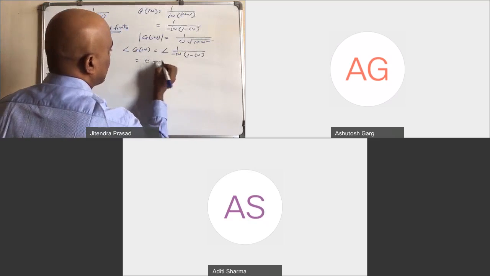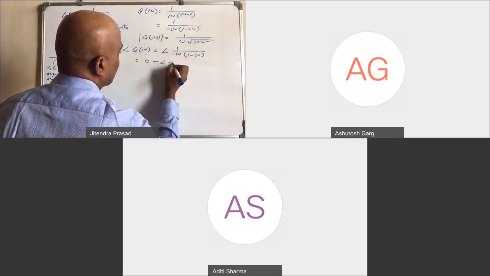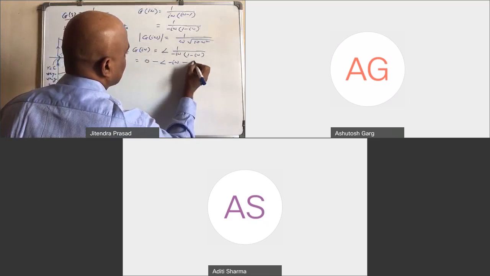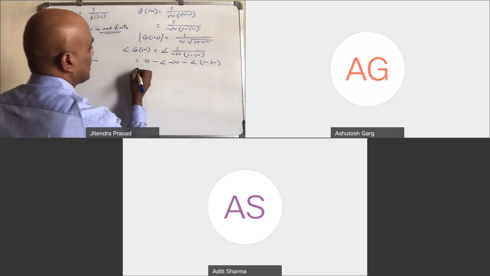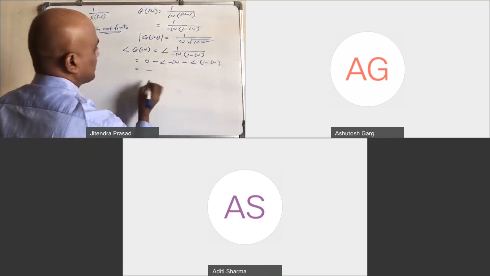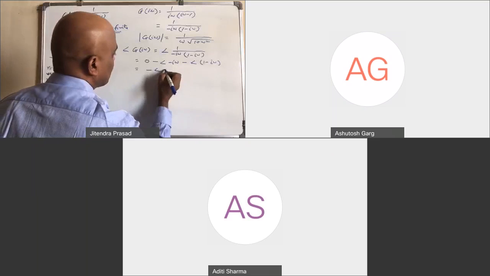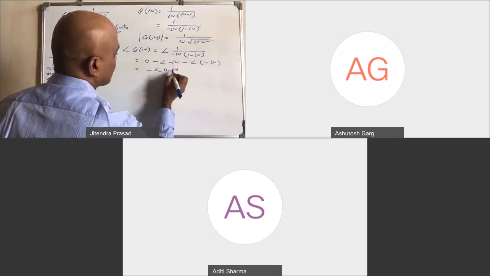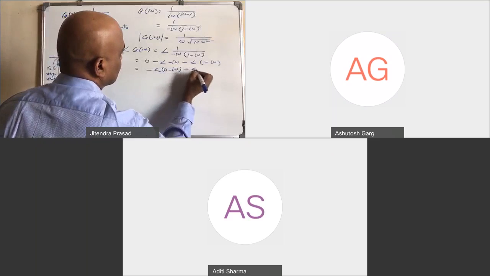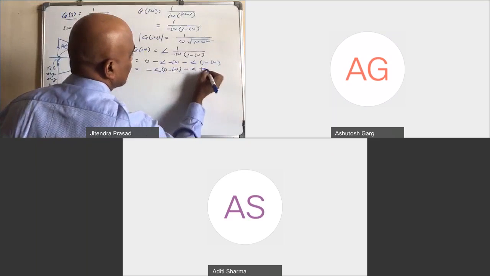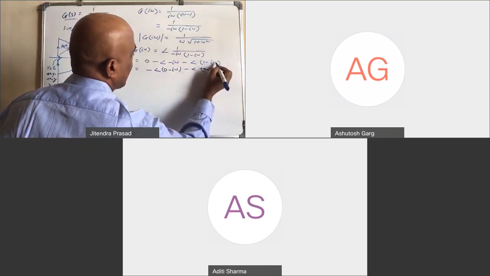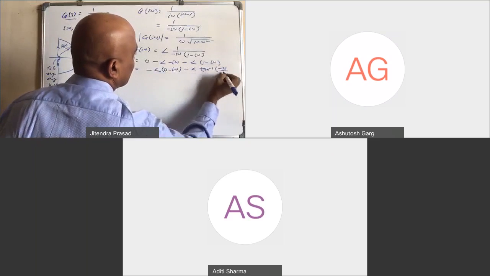So 0 minus angle of minus i omega minus angle of 1 minus i omega is equal to minus, and here what do we have? We have 0 minus i omega basically. Minus, and this one is nothing but tan inverse, you will say, tan inverse of minus omega divided by 1.